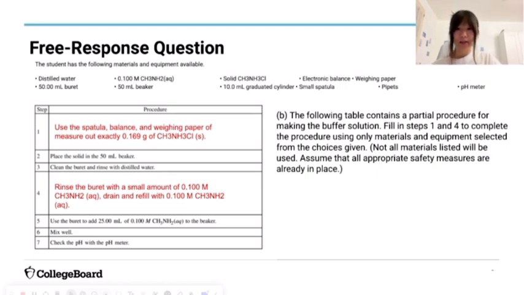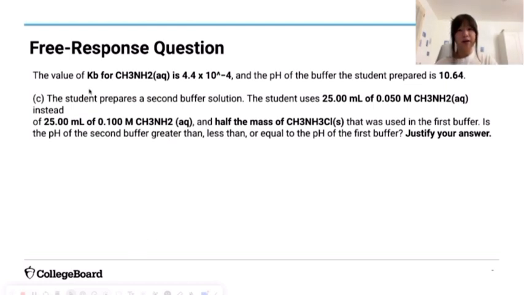Now the next question asks, the value of Kb for CH3NH2 is 4.4 times 10 to the negative 4th power, and the pH of the buffer the student prepared is 10.64.